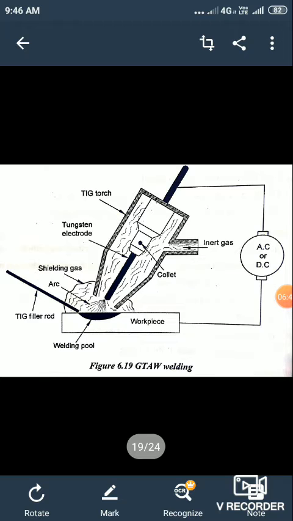Thin parts and sheet metals can be welded easily. Canning, instrument diaphragms and transistor cases can be welded very easily and efficiently.